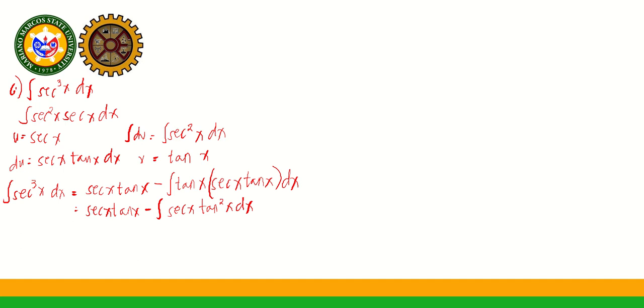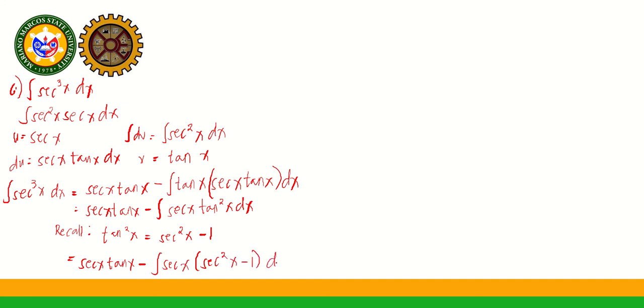Okay, so from here, sa trigonometric identities natin, recall that tangent squared x is equal to secant squared x minus 1. So we can replace si tangent squared x with this one para maging uniform na lang yung gagamitin natin na trigonometric identity. So this is equal to secant x tangent x minus the integral of secant x times secant squared x minus 1 dx.